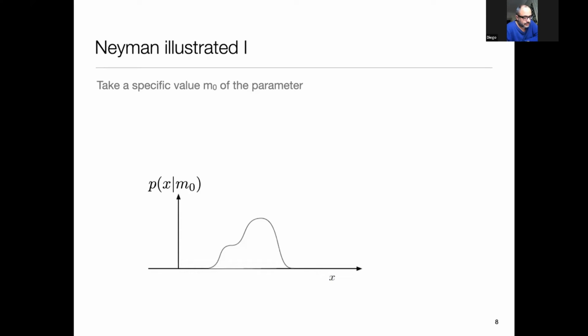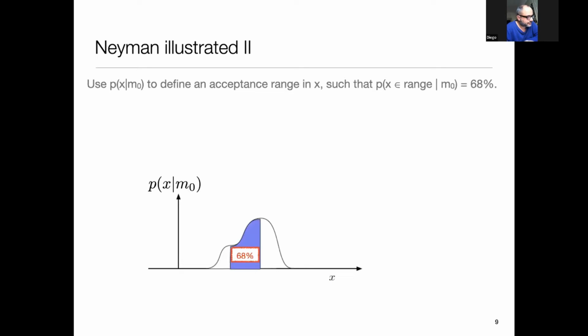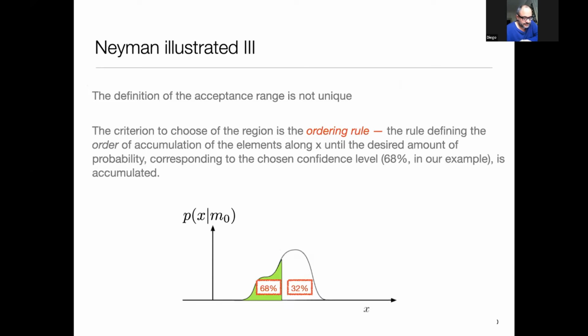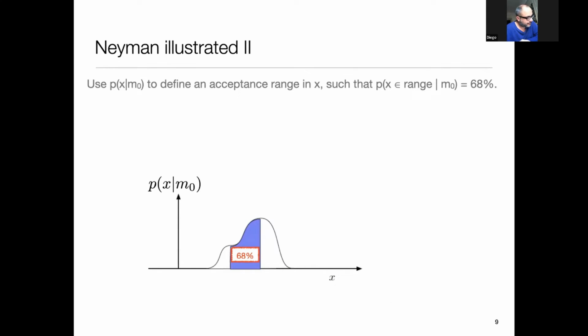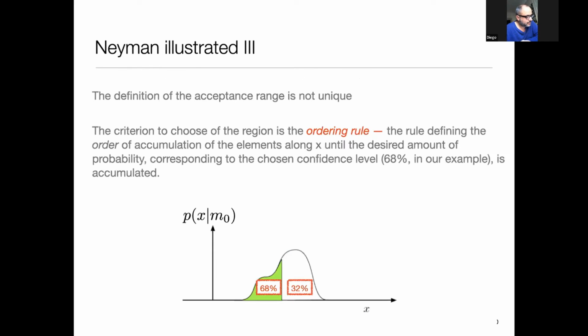So if you want your result to have 1 sigma coverage, then in this distribution you choose the range of x for which the integral is 68% of the total, okay? And of course, this choice is not unique, it's arbitrary, right? You can take it central, like here, or you can take it from extreme lower values, like here, okay?